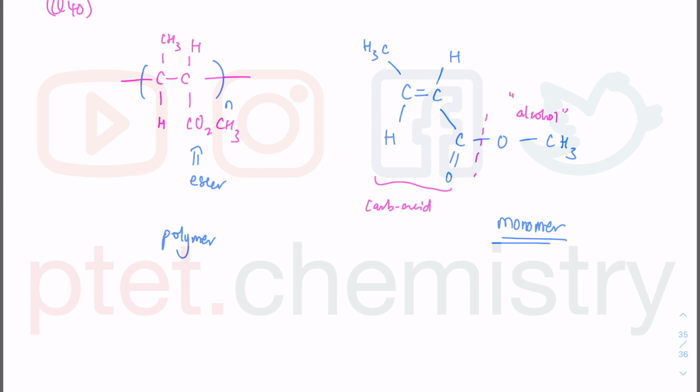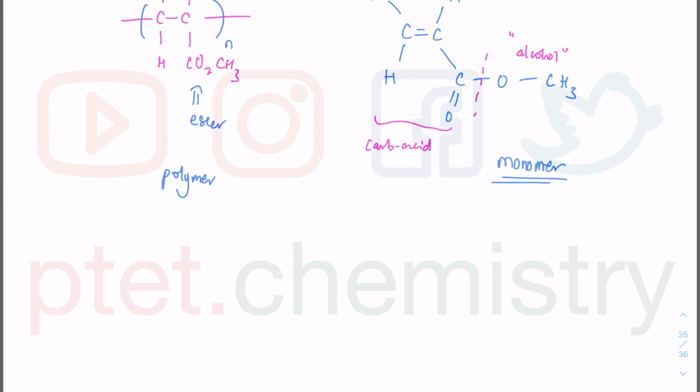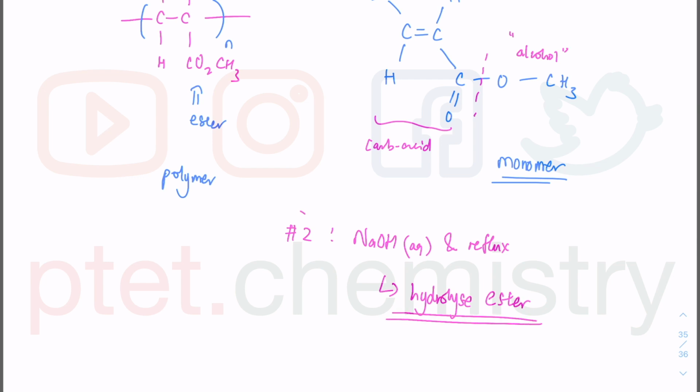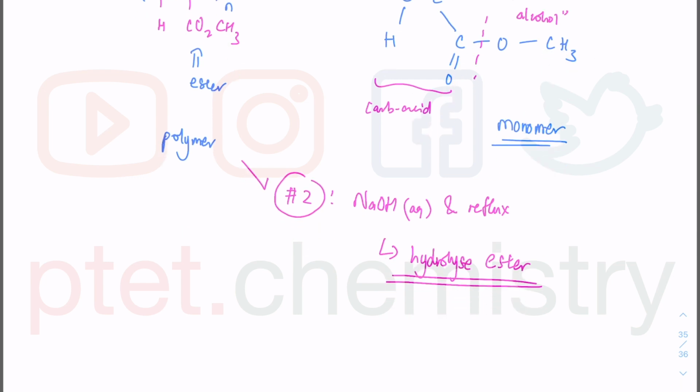Alright, anyway, so let's have a look at option 2. Option 2 says NaOH, aqueous, and reflux. This will hydrolyze the ester. This is base hydrolysis of ester. So number 2 will definitely react.